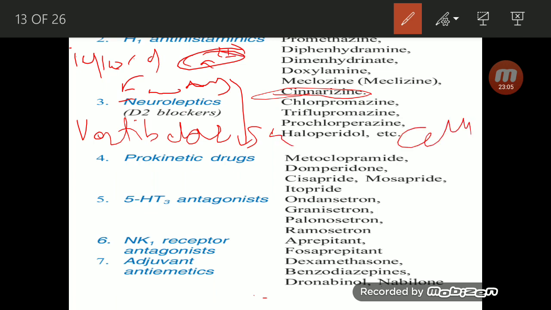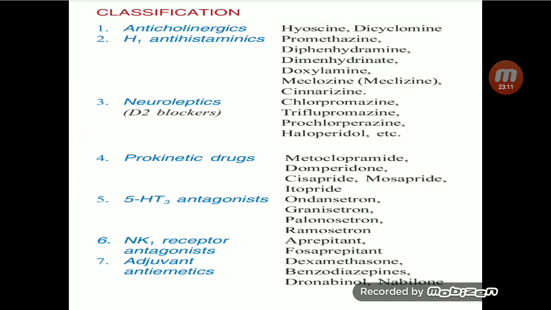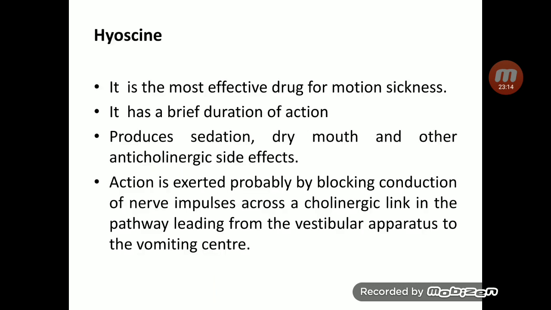So inhibition of influx of calcium is going to inhibit your impulse. So this is all about your H1 antihistaminics.